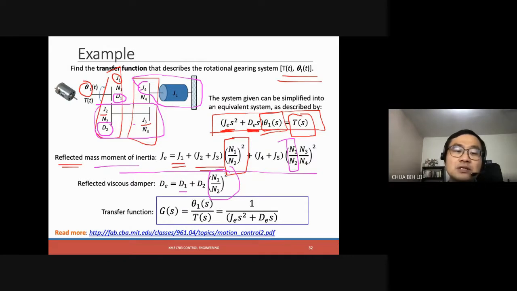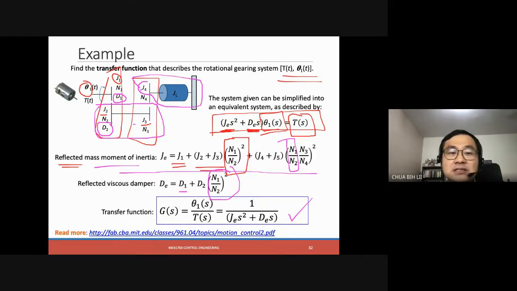Once we get this reflected moment of inertia as well as the damper side, we just substitute into our equations and rearrange it, and we would get something like this.